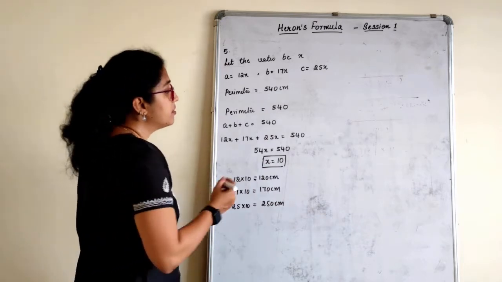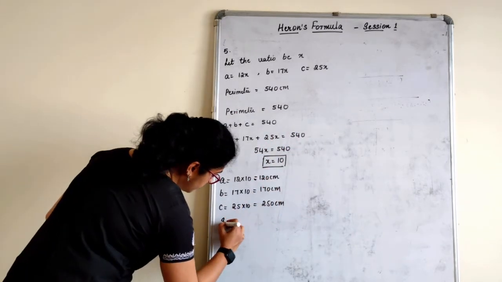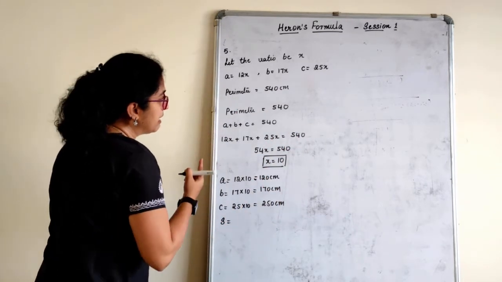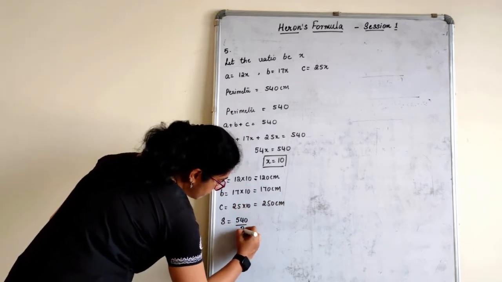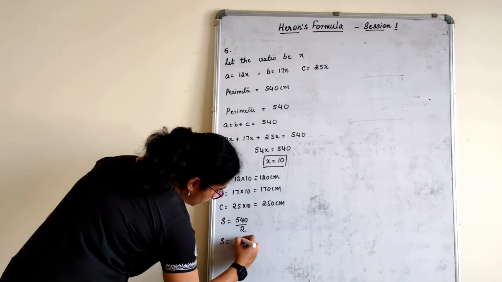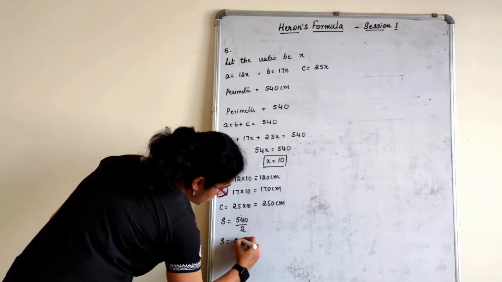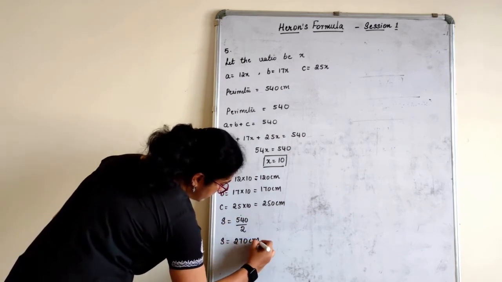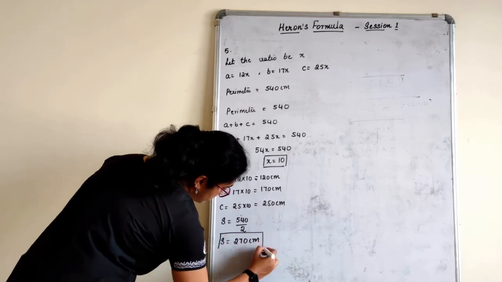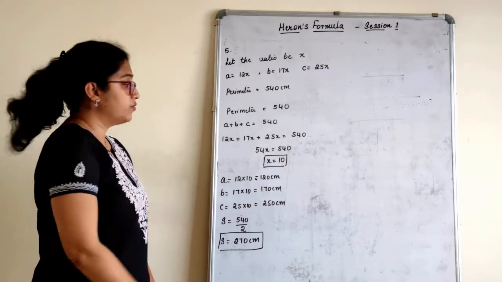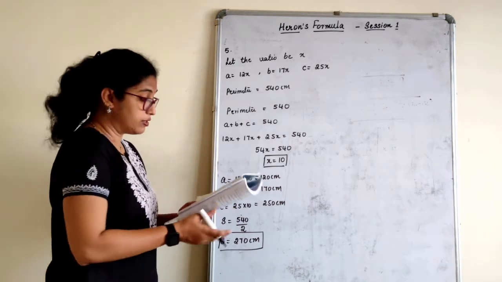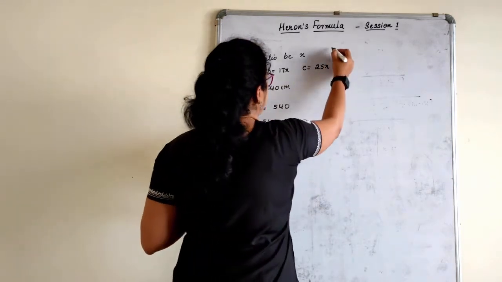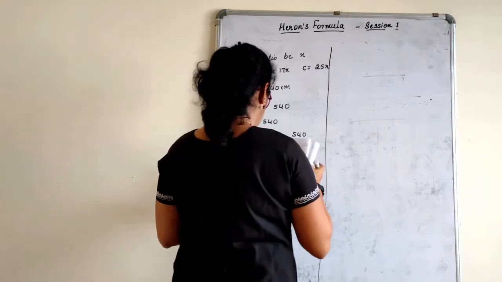ABC we have got. Semi-perimeter S is equal to, directly I take 540 by 2. Therefore S is equal to 270 centimeter. So we got the x value, and with that we found out the S value also. Quickly we'll find the area of the triangle now.